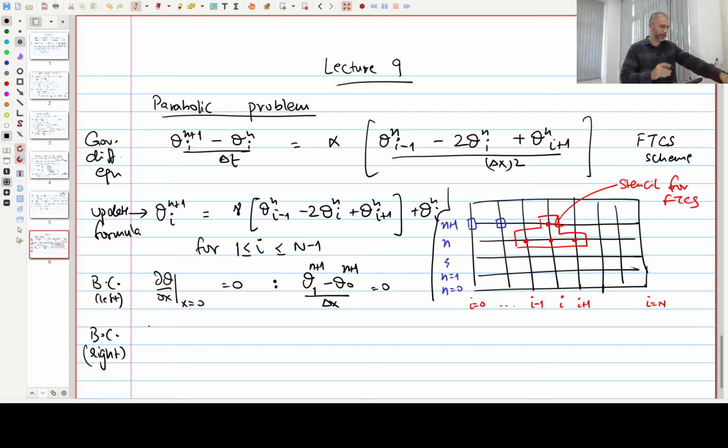On the right hand side, the boundary condition that we had was that the conduction flux is equal to the convection flux. So it was the Robin condition.